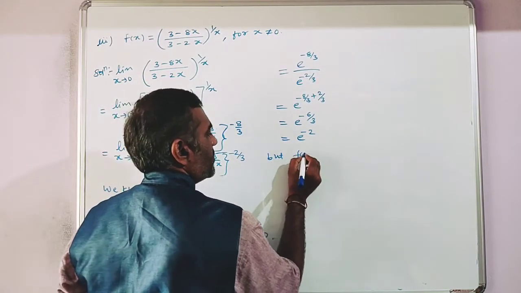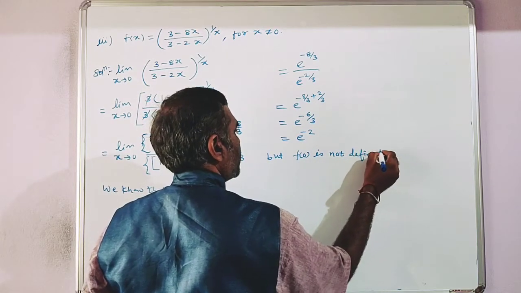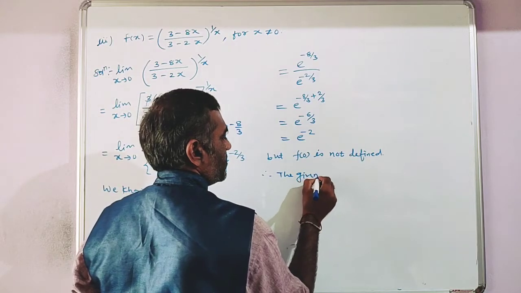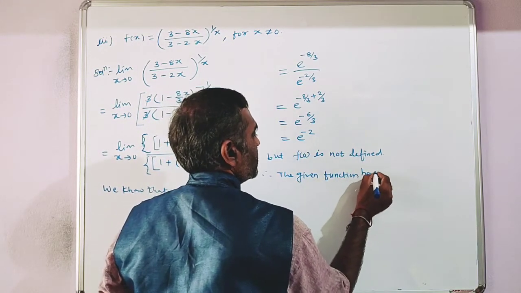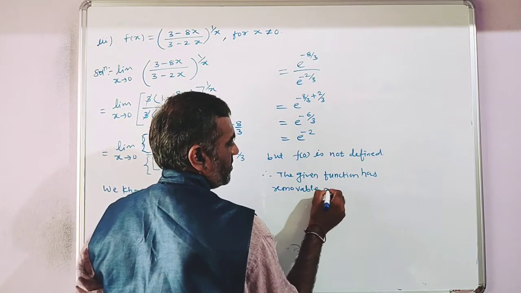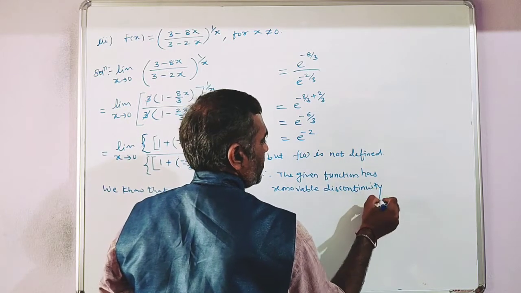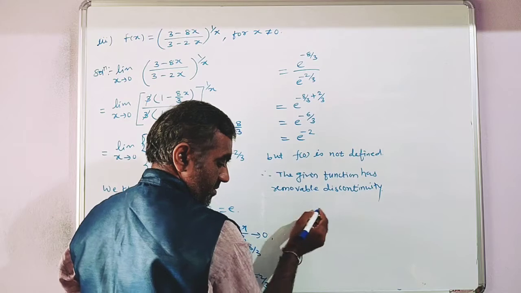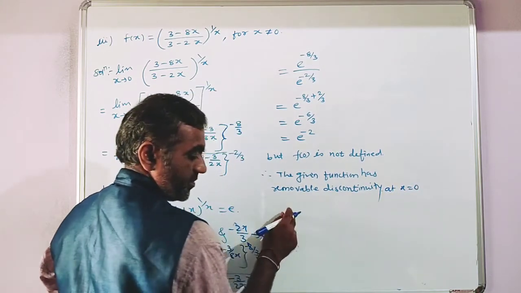But f of 0 is not defined. Therefore the given function has a removable discontinuity at x is equal to 0.